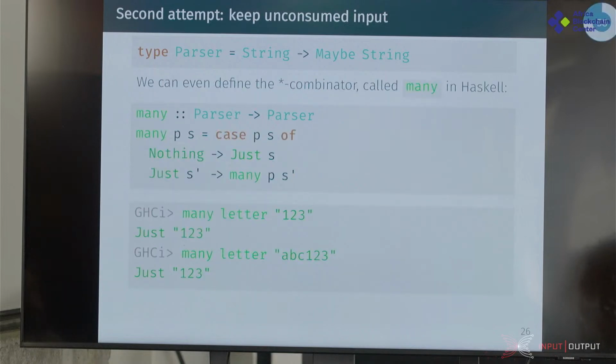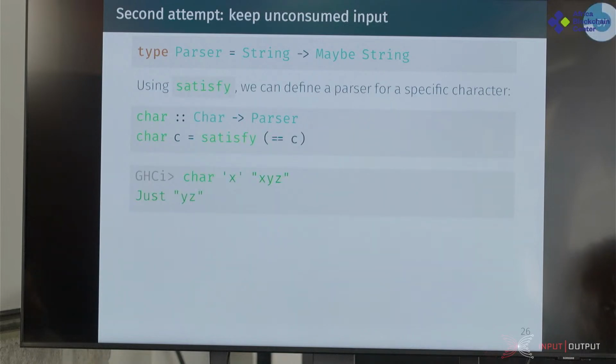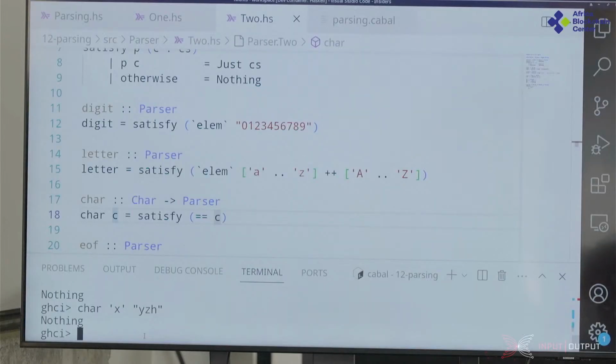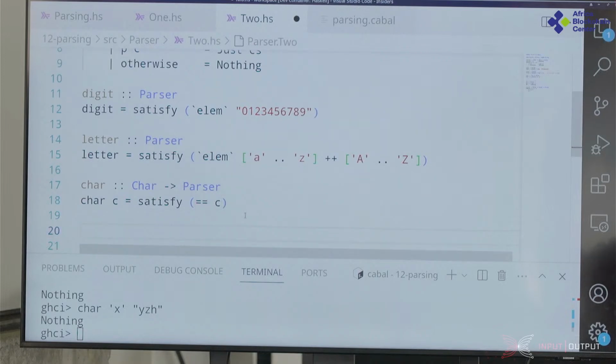Right, and we can even now define our star, which is called many in Haskell. I could call it star, but I don't, because it's traditionally called many in Haskell. So it takes a parser to a parser.